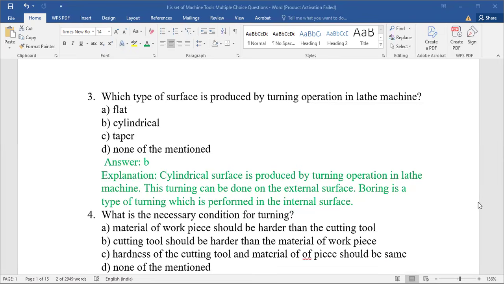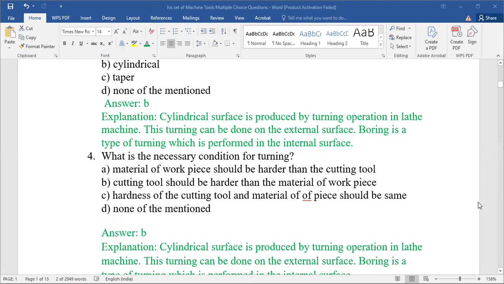In the lathe machine, turning can be done on the external surface. Boring is a type of turning performed on the internal surface, that is also a cylindrical surface. The turning operation in the lathe machine will always produce a cylindrical surface.